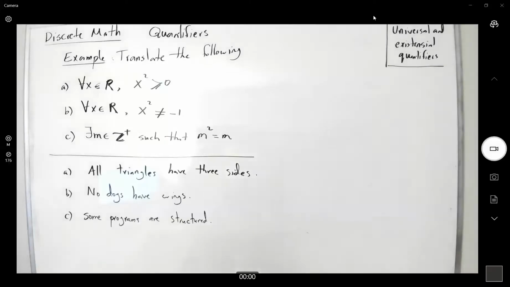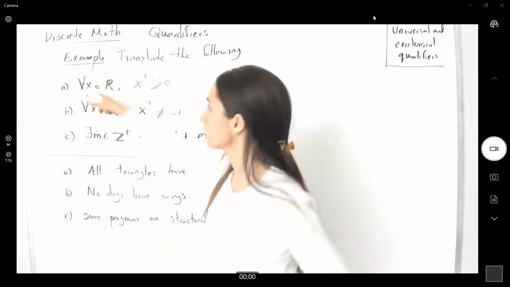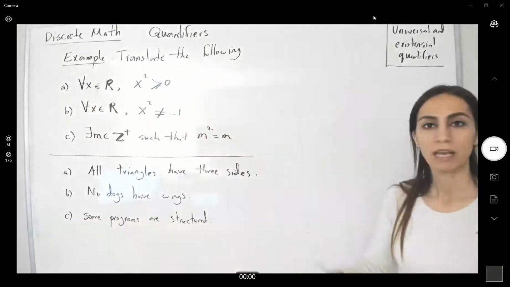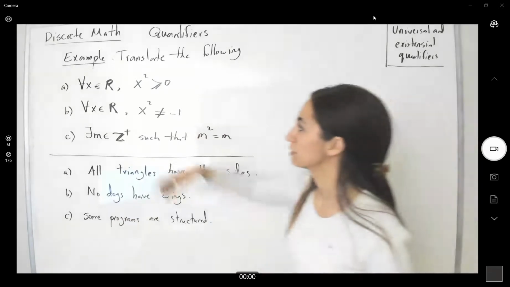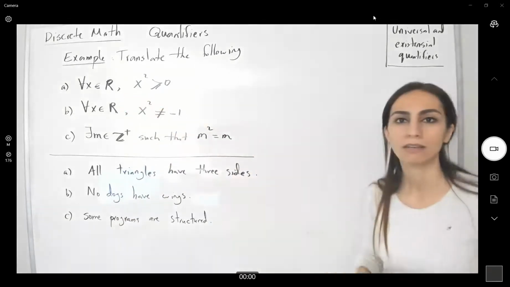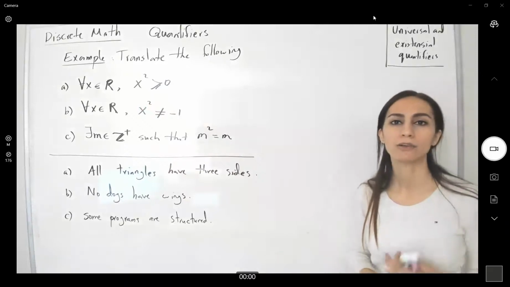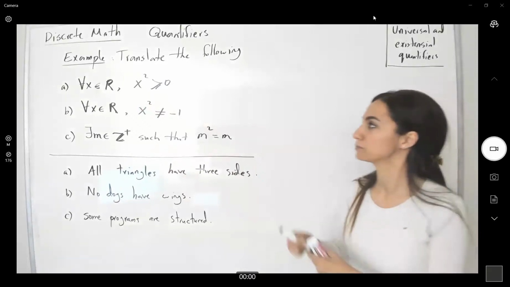So we can rewrite these in different ways. We can say that any real value multiplied by itself is greater than or equal to 0.